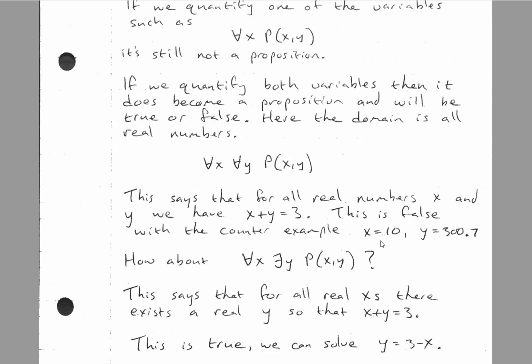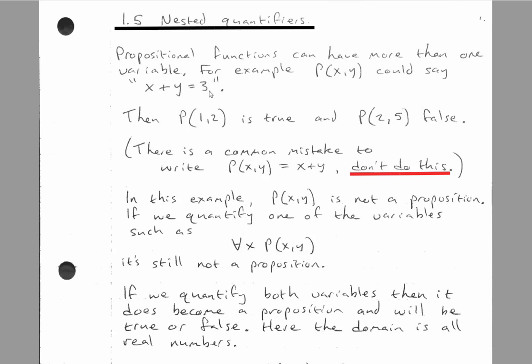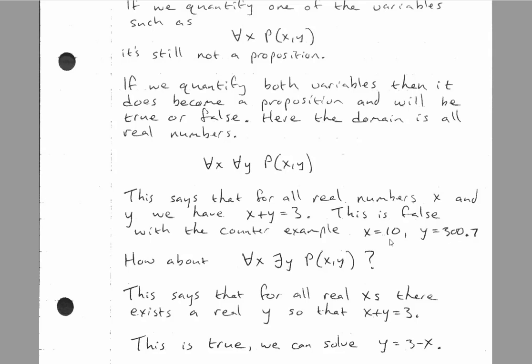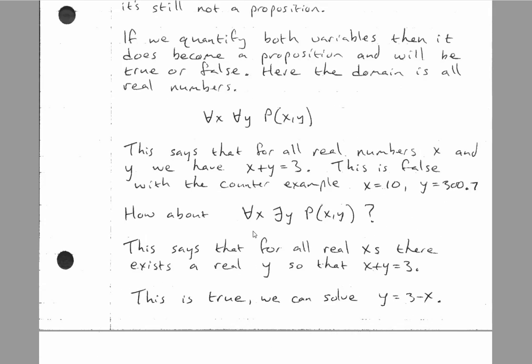Here's a counterexample: x equals 10, y equals 300.7. These are two real numbers, so that if you add them, you don't get 3. There are lots of other counterexamples. Okay, so with 2 for alls, we get a false proposition.